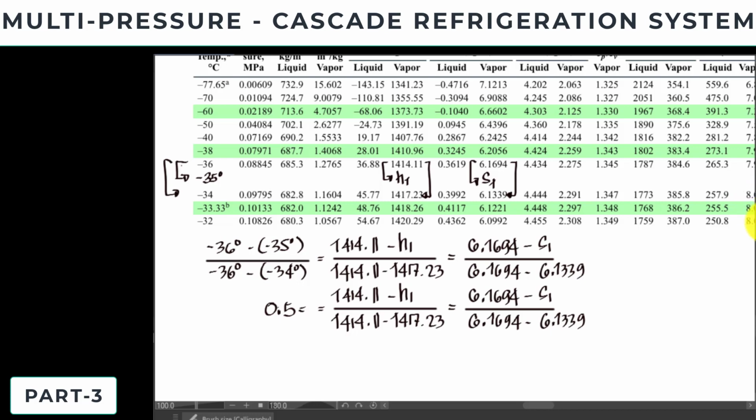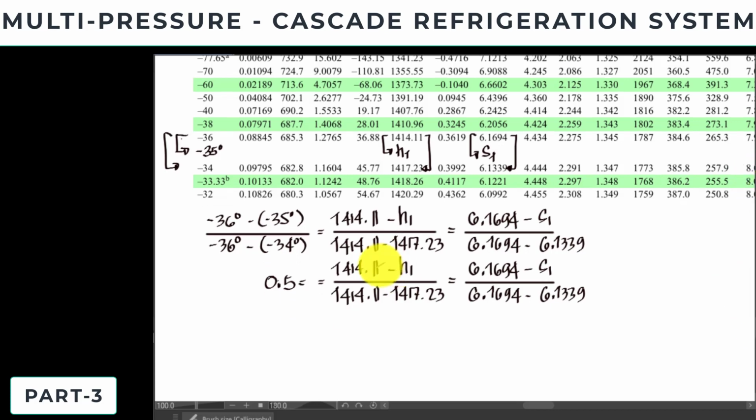Now let's manipulate the value to get the enthalpy 1. So I have 0.5, multiply this value by 1414.11 minus 1417.23, and this is equal to 1414.11 minus my enthalpy 1.